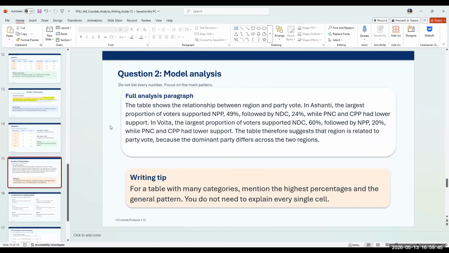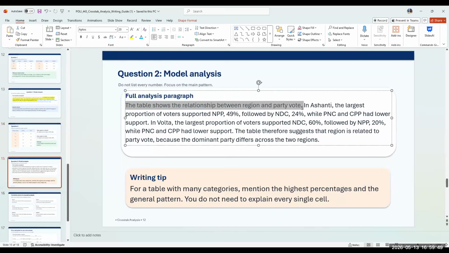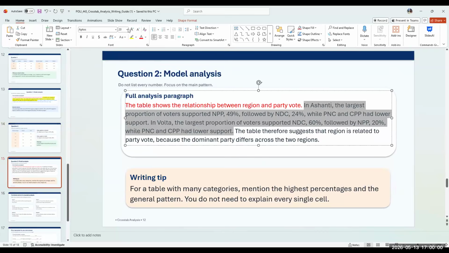So if you are doing an analysis, this part over here, which is our red, is the first one. And this part over here is our yellow, which is step 2 and step 3. And this is our blue.